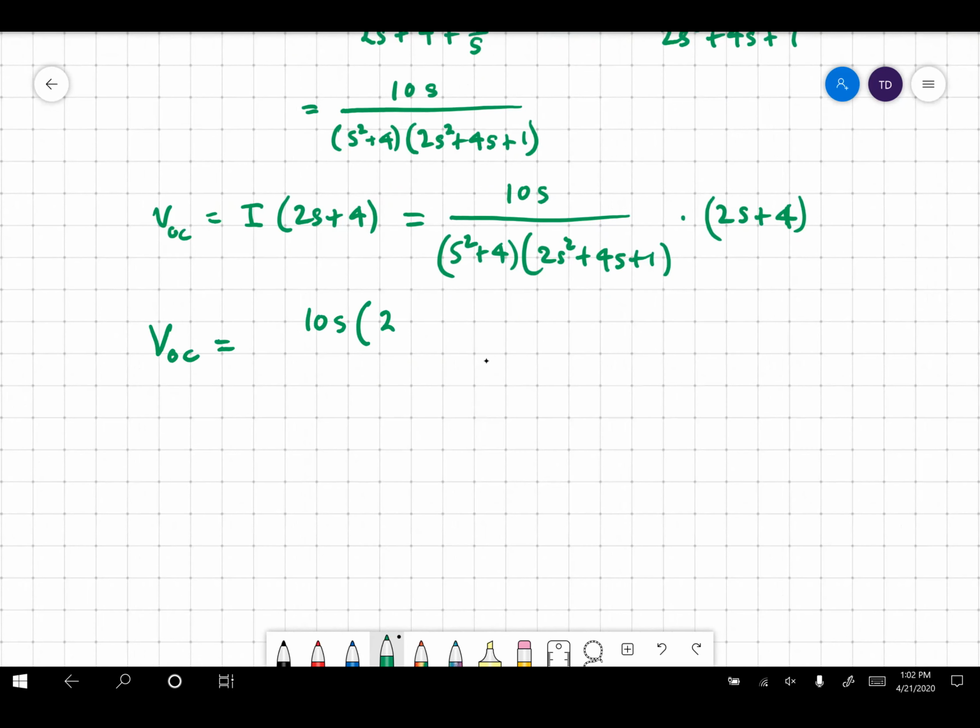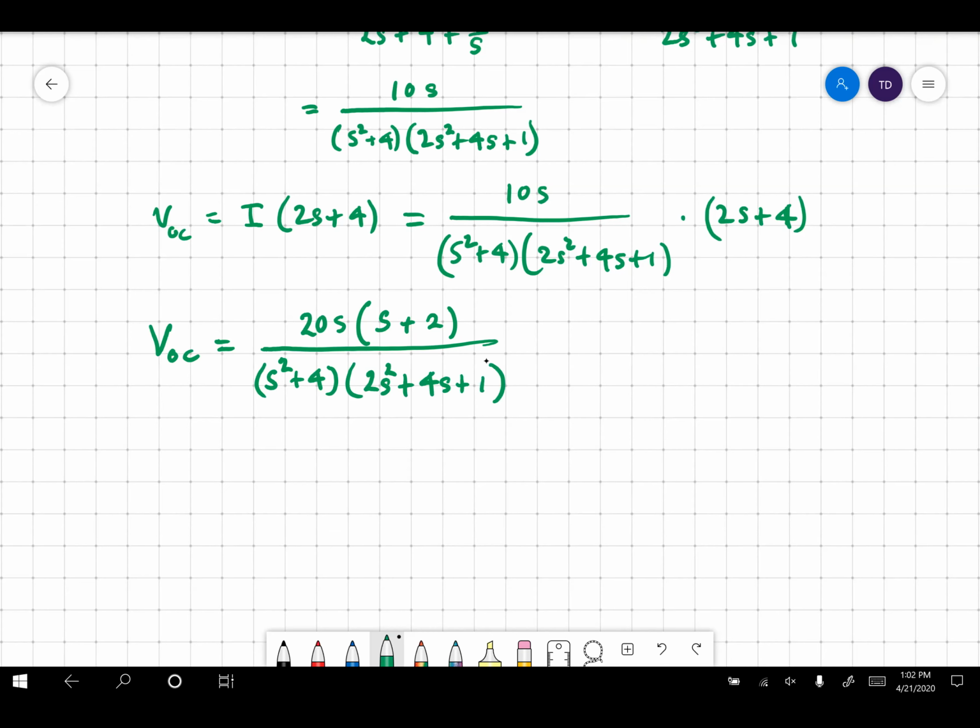Actually, let's pull this 2 out. Let's pull the 2 out and just double that, multiply there. That's 20. 20S, S plus 2, divided by S squared plus 4, 2S squared plus 4S plus 1.